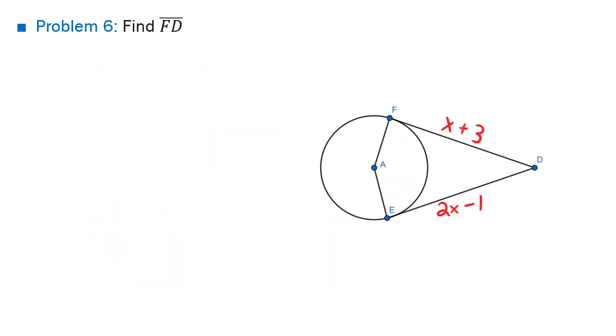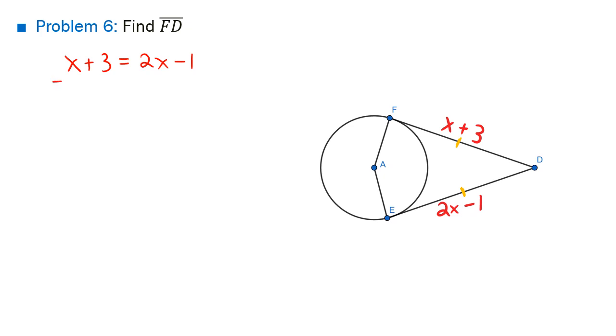All right, so problem 6. FD and ED are both tangent lines, and they are connecting to the same external point, which means that the two tangent lines are actually congruent to each other. So we just set the two expressions equal to each other and solve for x.